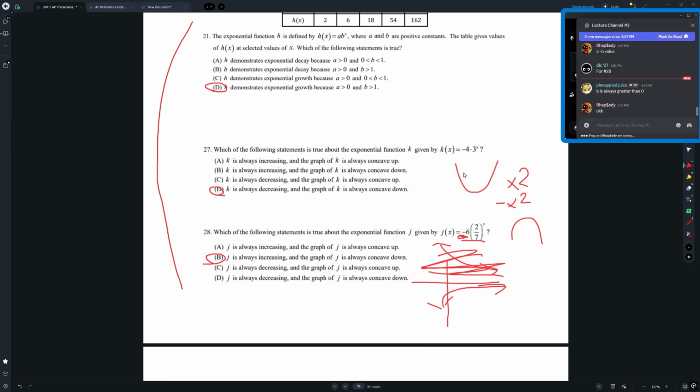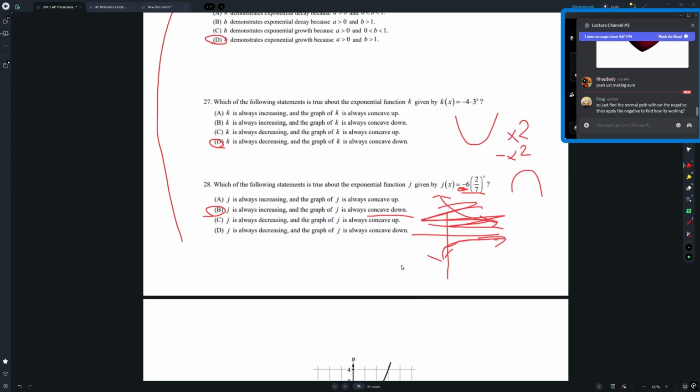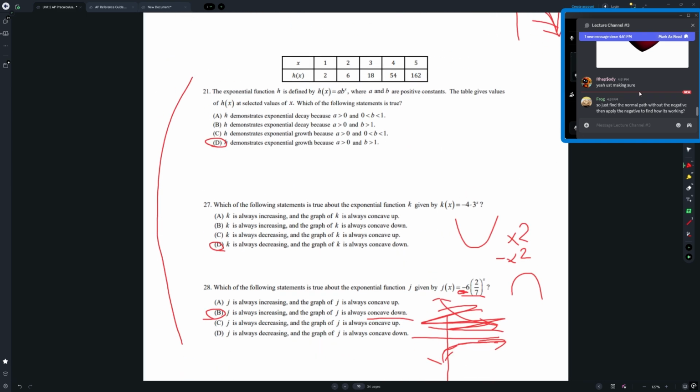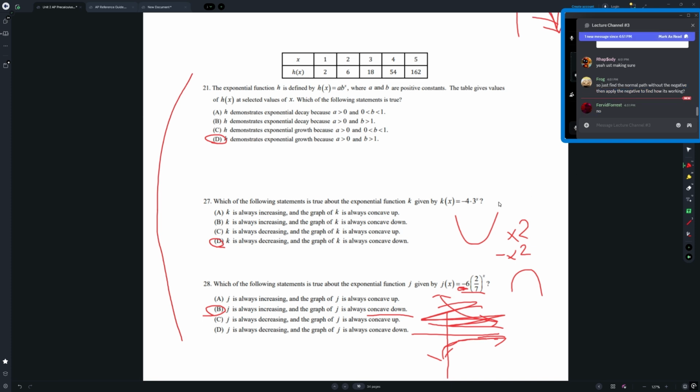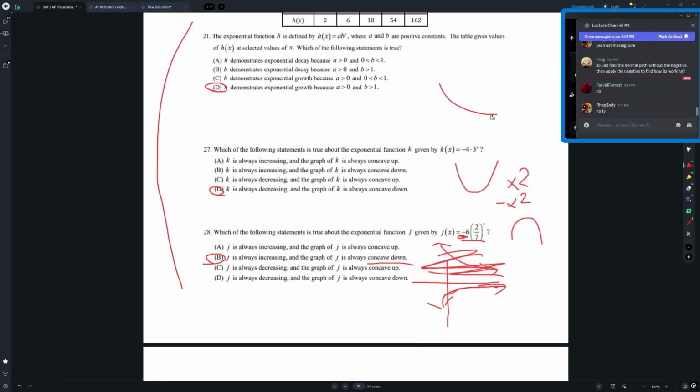And you can see that it's always concave down, because as the Cool Savage explained yesterday, the secant lines' slopes are decreasing, so the rate of change is decreasing. Any other questions? So just apply the normal path with a negative and then apply the C. First, graph it normally and then flip it, because that's the easiest way.